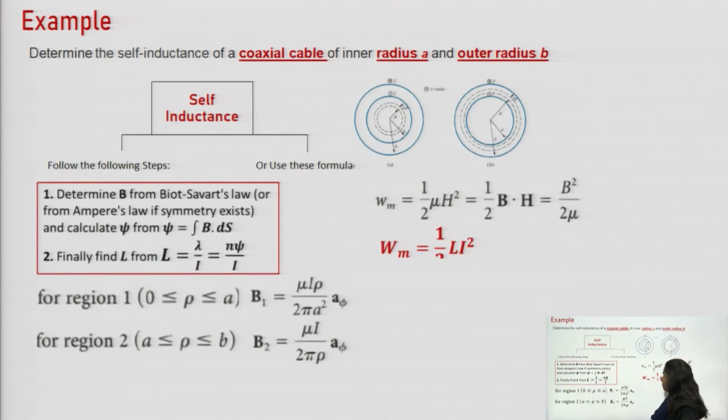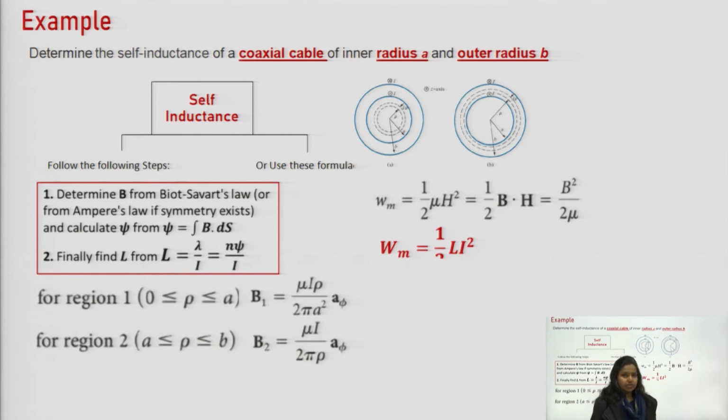In the next example problem, we need to determine the self inductance of a coaxial cable of inner radius a and outer radius b. In previous classes, when we were seeing the application of Ampere's law, we already solved this kind of problem, where we need to find the value of H using Ampere's law for a coaxial transmission line.